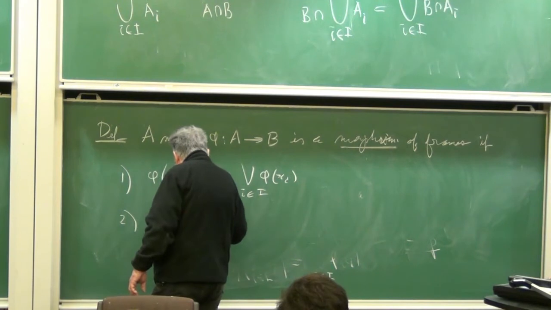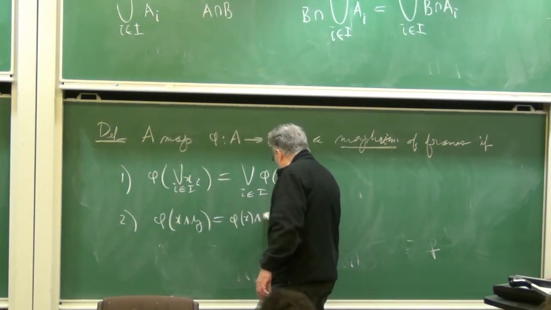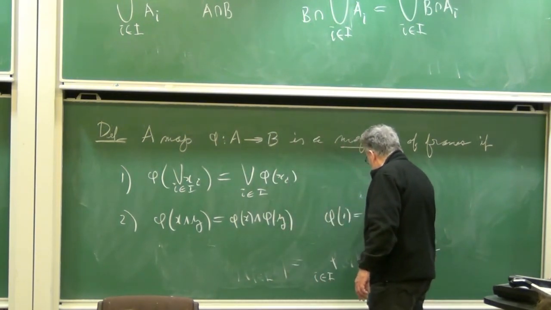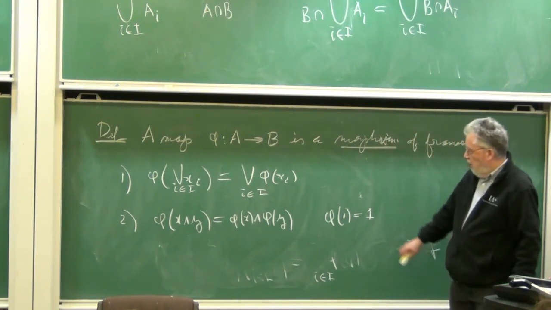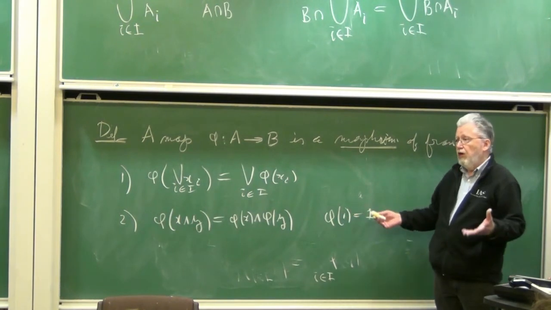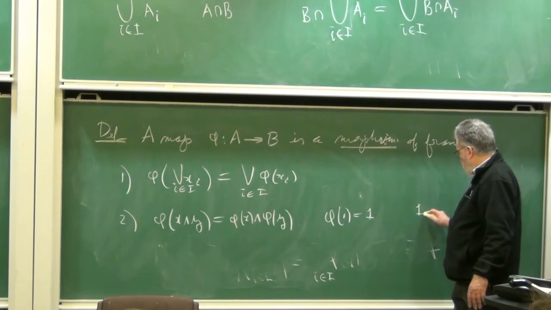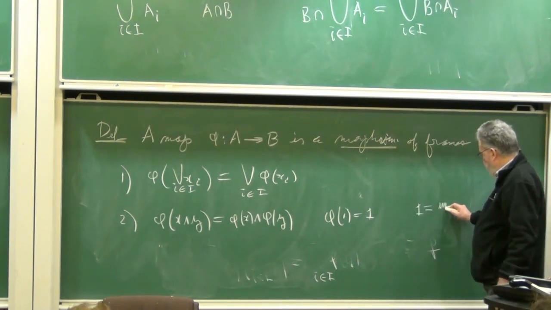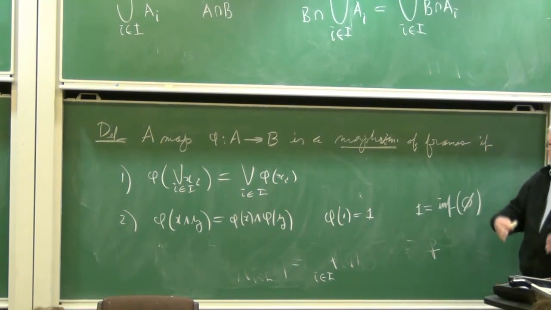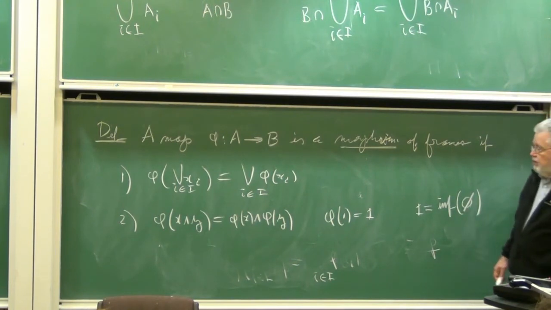So I'm writing one for the top element. Every frame has a top element, and the top element can be defined to be the infimum of the empty subset formally, or the supremum of everything, but it's better to define it as the infimum of the empty subset.